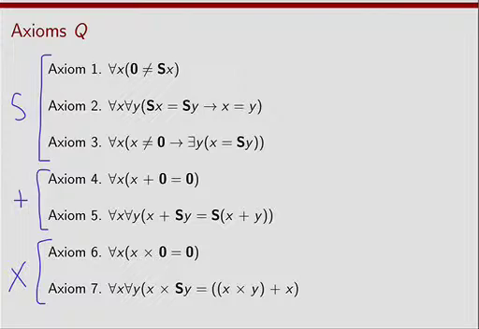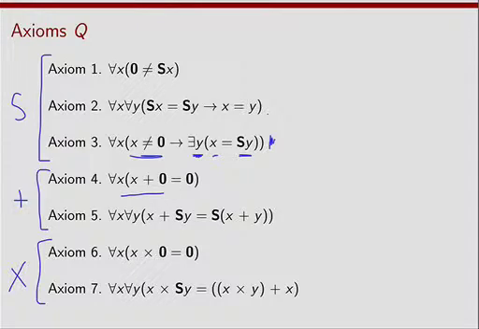First of all, for any x, the successor of something can never be 0. So 0 doesn't equal the successor of anything. For any x and y, successor is a one-to-one function. So if sx equals sy, that means x has to be the same as y. This is axiom 2. And then axiom 3 says that every non-zero element in the domain must have a predecessor. So if x is non-zero, then there must exist a y such that x is the successor of y.